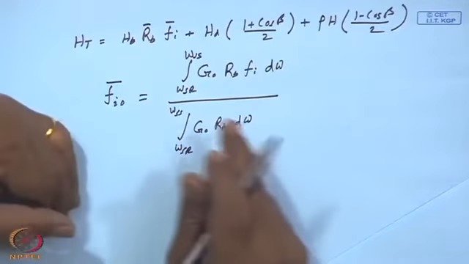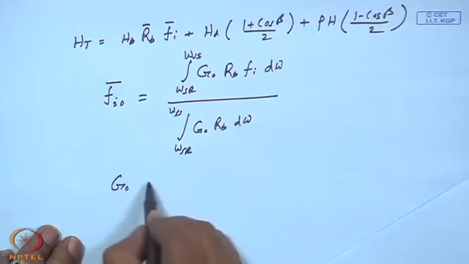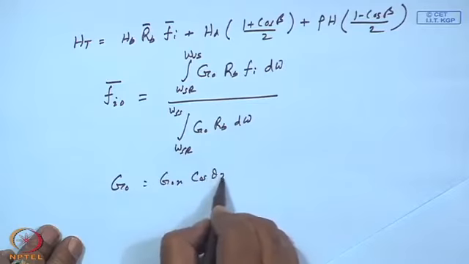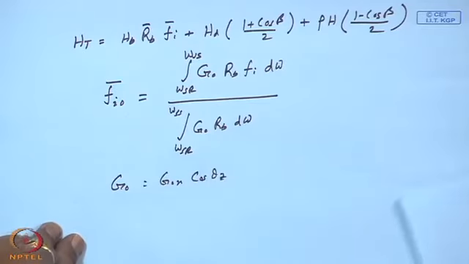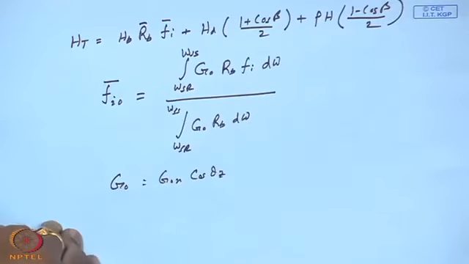G 0 we know is equal to G O n cos theta z. That analytical expression is known, and still we do not know F i, though R b is known to us.